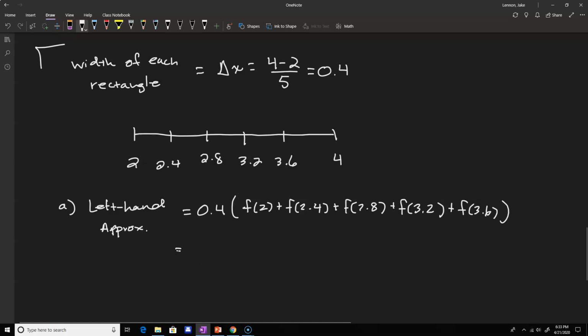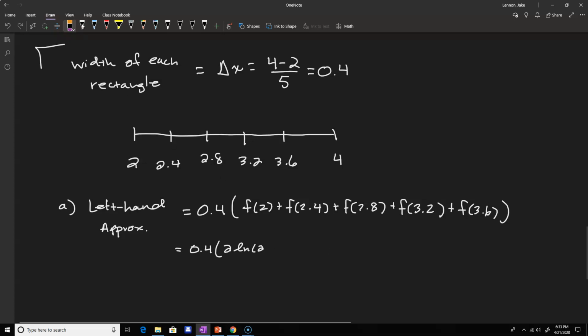So this approximation really looks like 0.4 times 2 natural log of 2 plus 2.4 natural log of 2.4. I can't read my own handwriting.